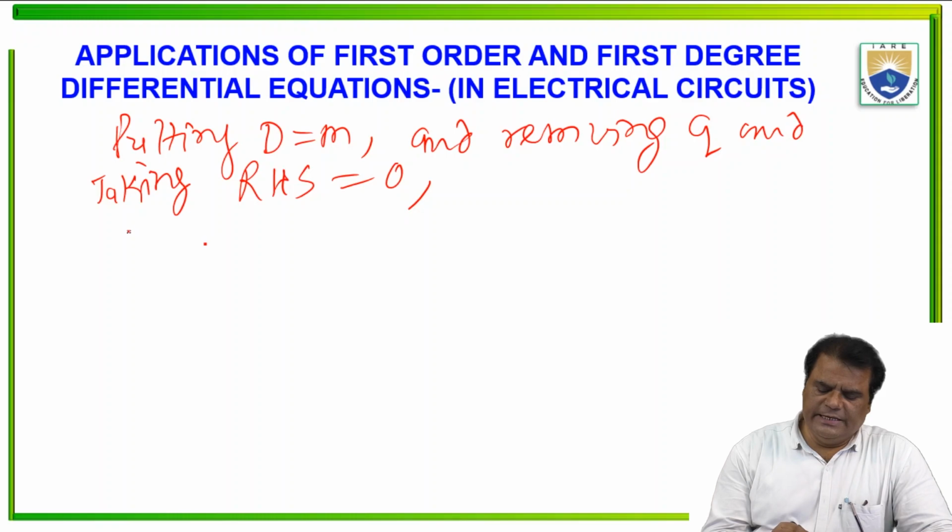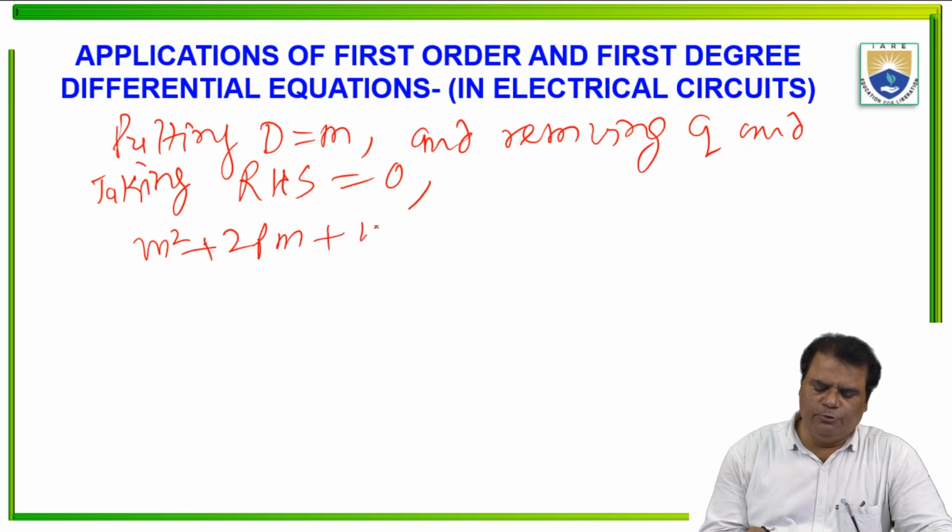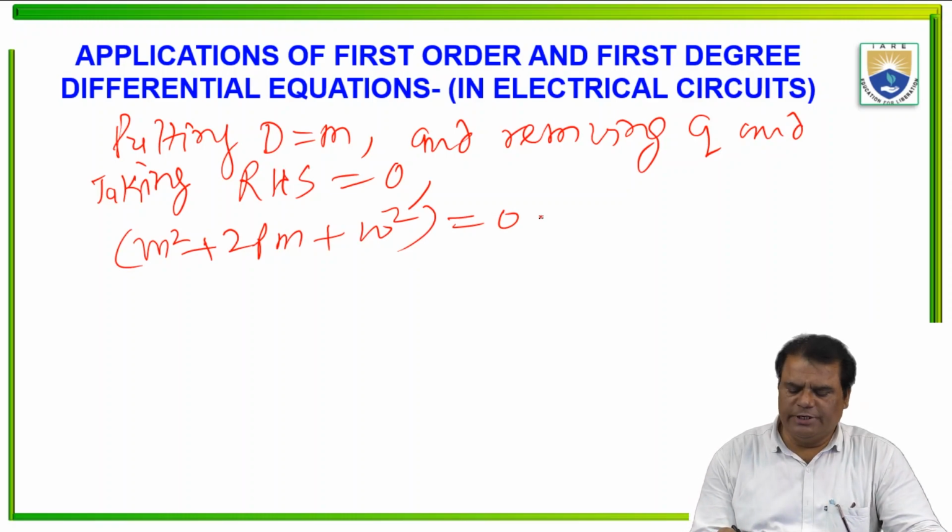So the equation is m square plus 2pm plus w square equal to 0. This is equation 8.